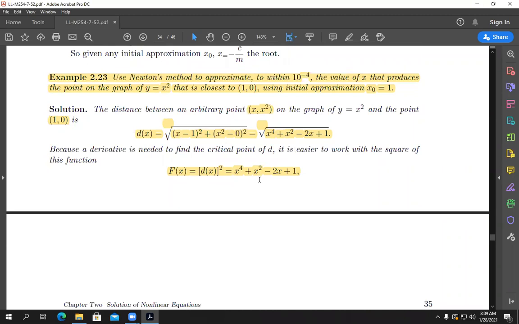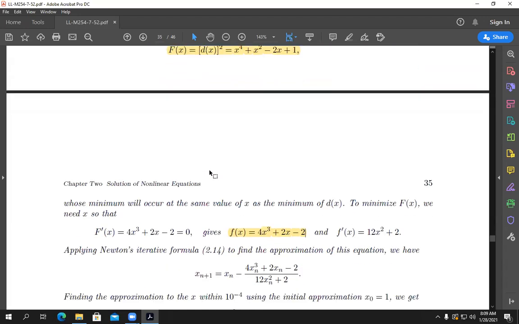Take all the terms to one side, making one side equal to 0, as we have here. Then we take the derivative of the function we have to minimize and set the derivative equal to 0. And now this becomes the nonlinear equation we have here. Then the non-zero side is always your f of x.